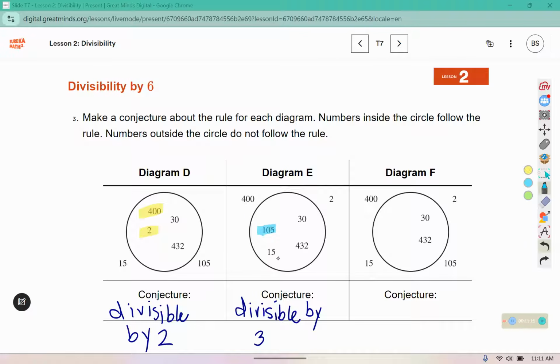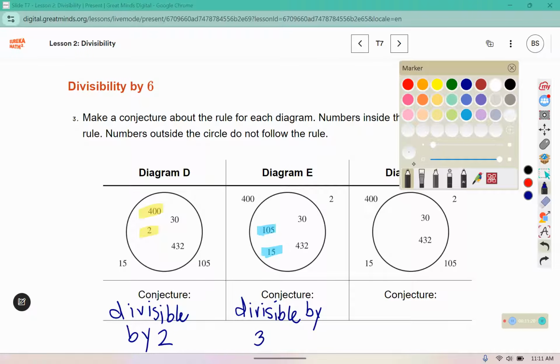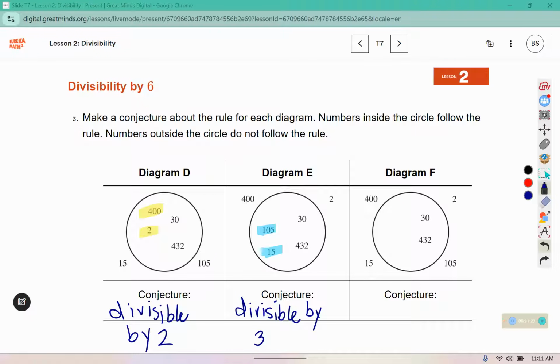This one is not in there, and this one is not in there. Oh. Well, now I notice the only ones that are in both are the ones that are in diagram F. So if it's divisible by 2 and it's divisible by 3, 2 times 3 is 6. So my thought is maybe these are divisible by 6.